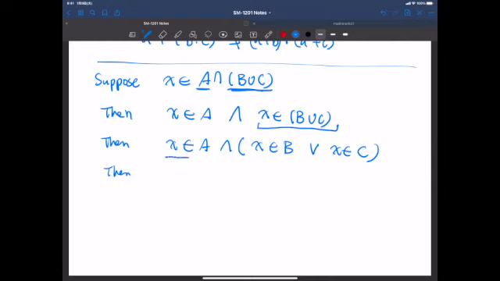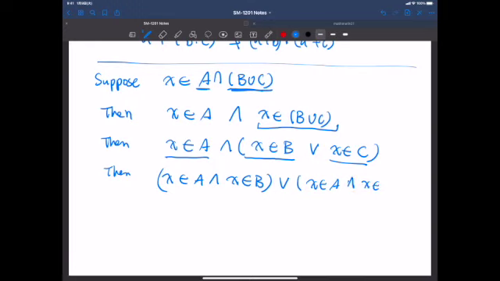So this and this or this means x belongs to A and x belongs to B, or x belongs to A and x belongs to C. Can you see this and this are equivalent?